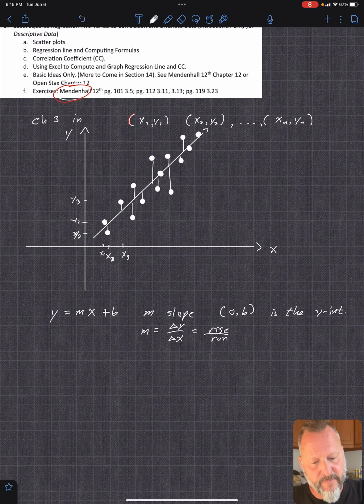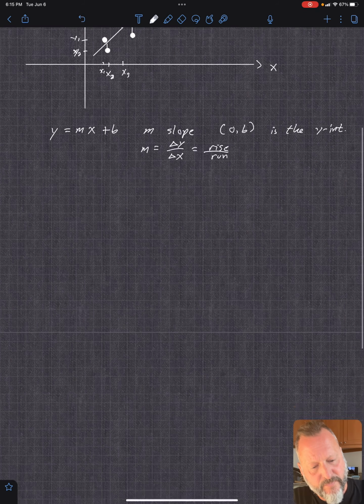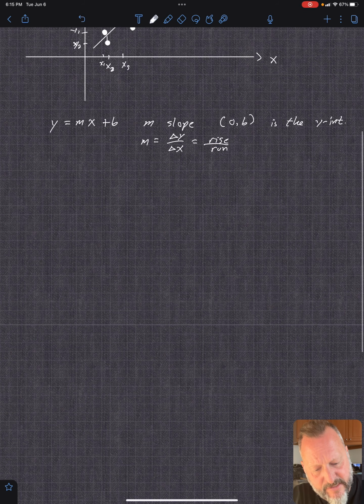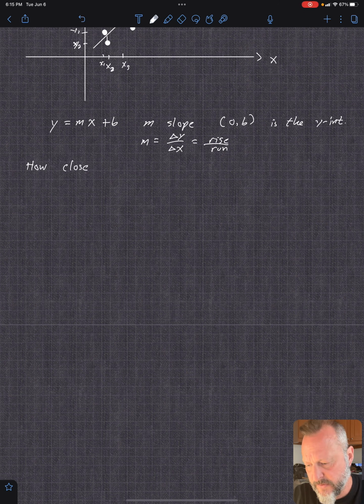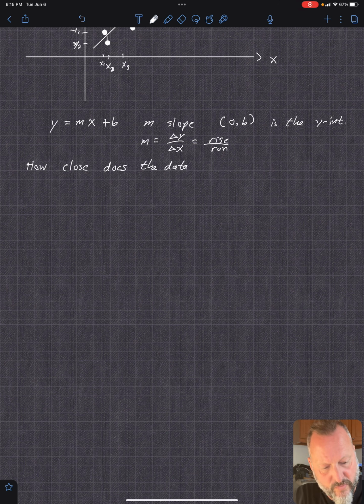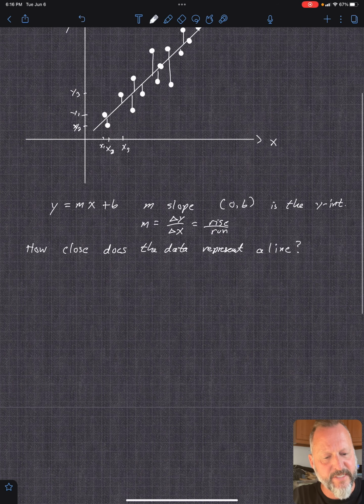So the real question when you have this regression analysis is: how close does the data represent a line? That's the question for regression analysis for data.